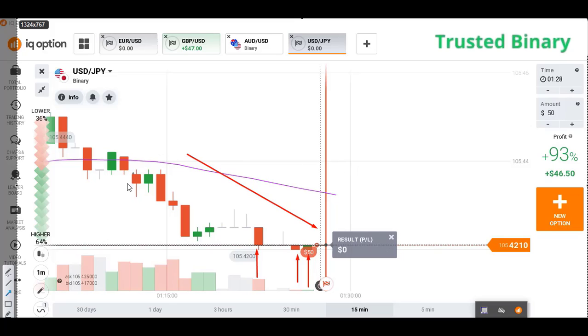But because of the bad market, this is my ATM trade, no profit, no losing trade. So no problem. Sometimes we face this type of situation. So let's go to another pair for another opportunity.